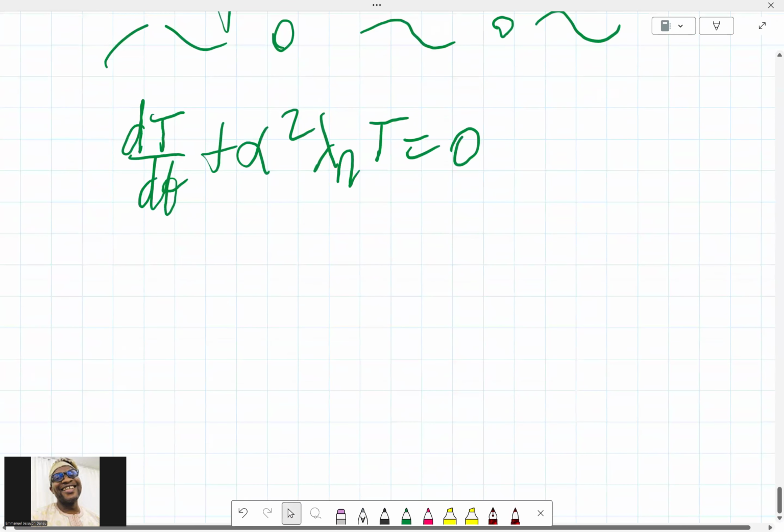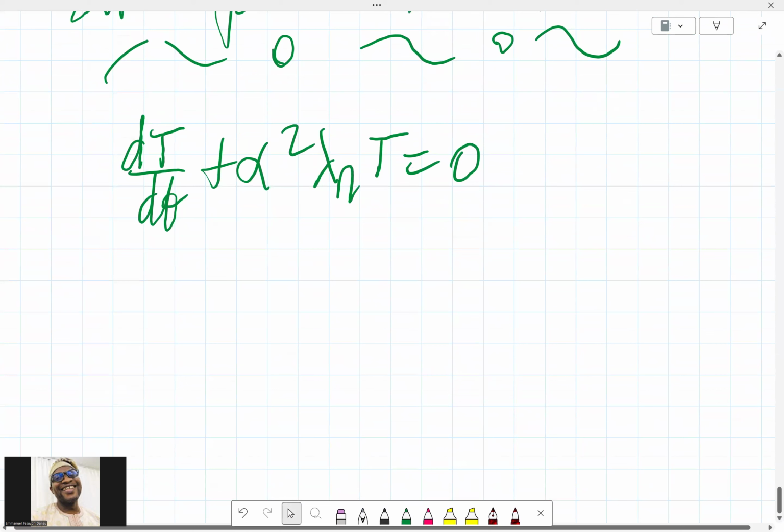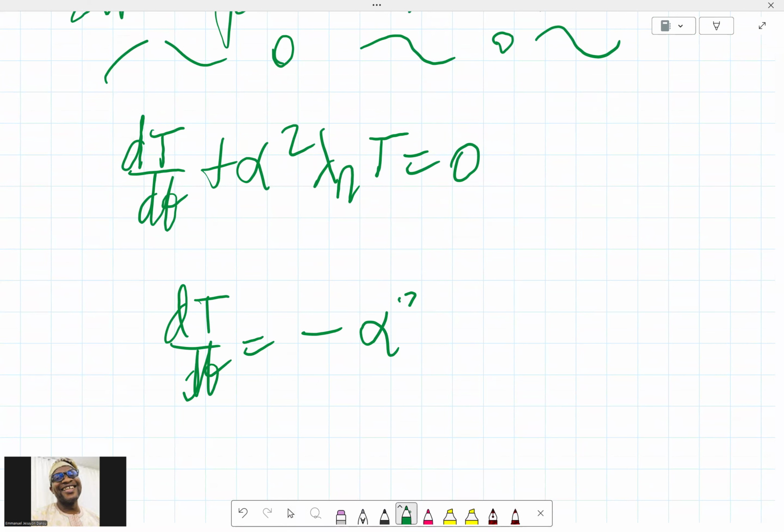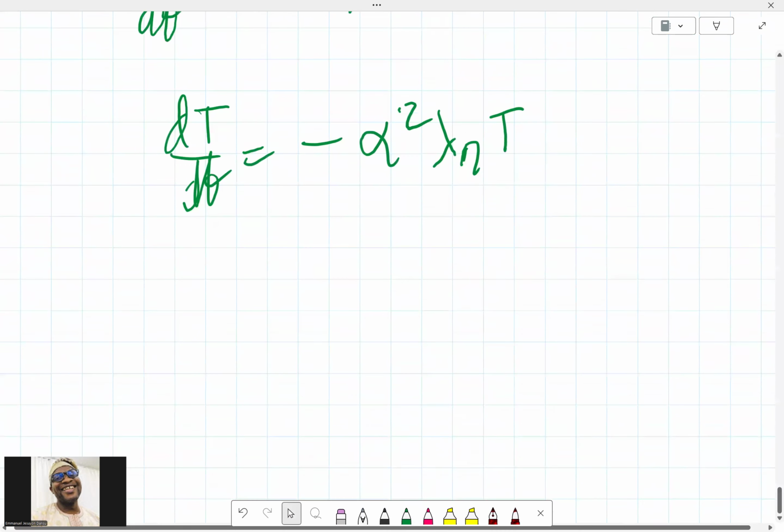And how do we do this? This can be dT equals minus alpha squared lambda n T, because we can do separation of variables for sure.